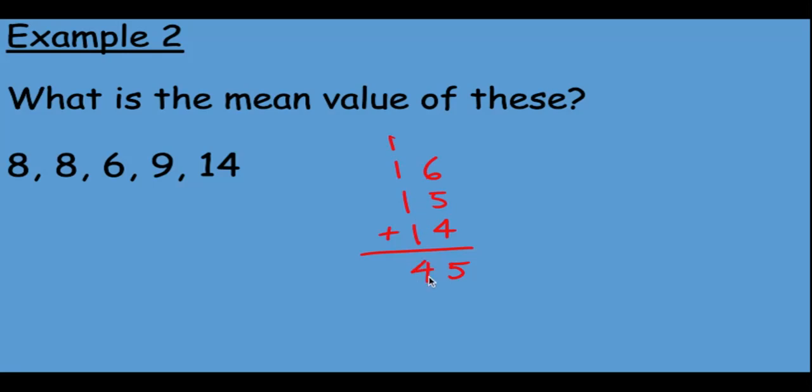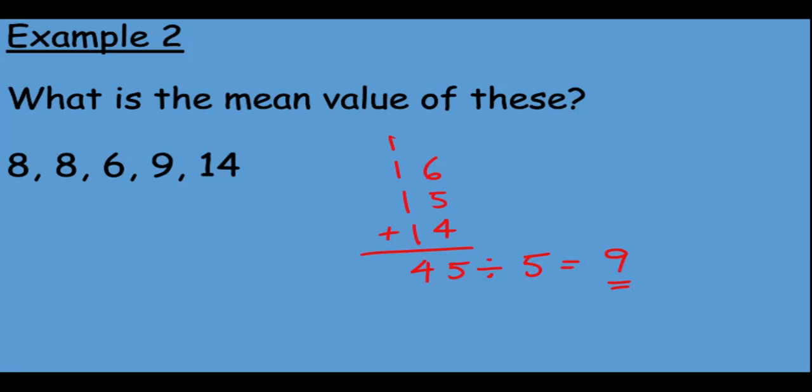So my total is 45. I'm going to divide that by 1, 2, 3, 4, 5. So 45 divided by 5. I should know that 5 times 9 is 45. So 45 divided by 5 is 9, and that is my mean value.